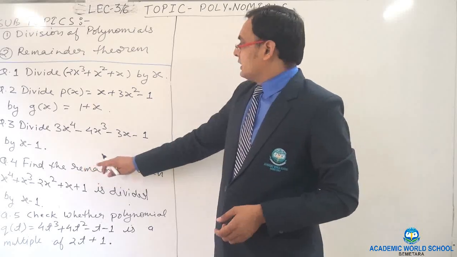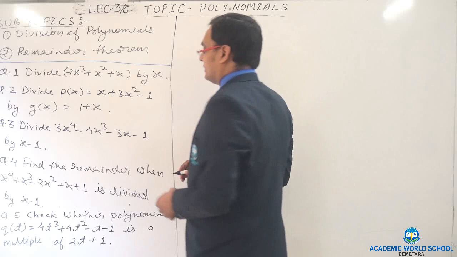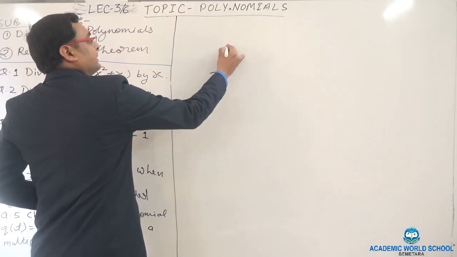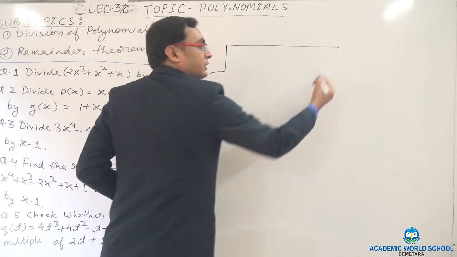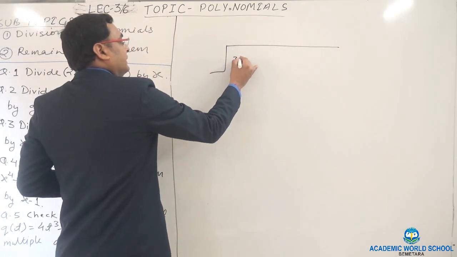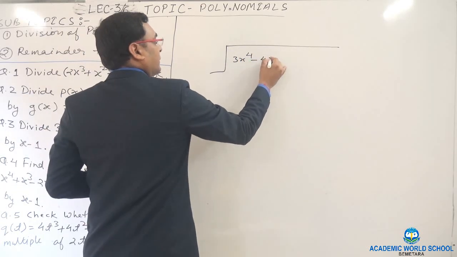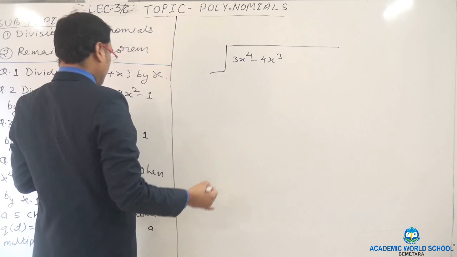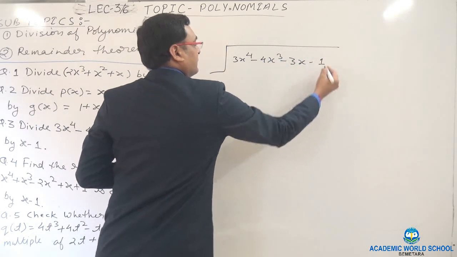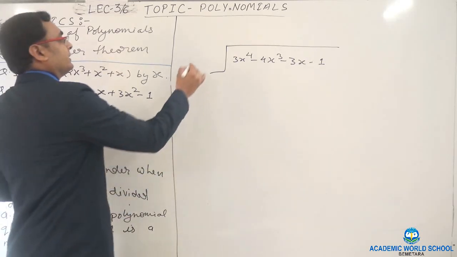So we will write the dividend 3x to the power 4 minus 4x cubed minus 3x minus 1, and our divisor is x minus 1.